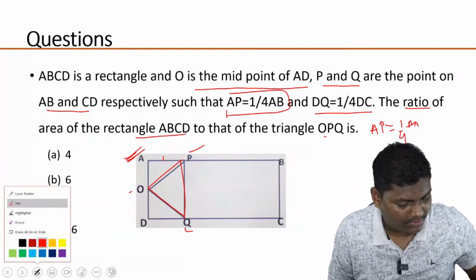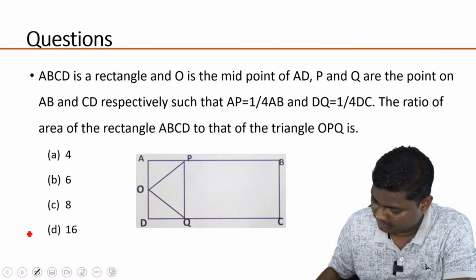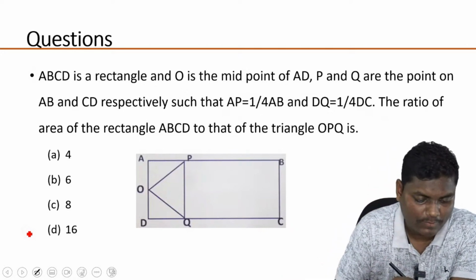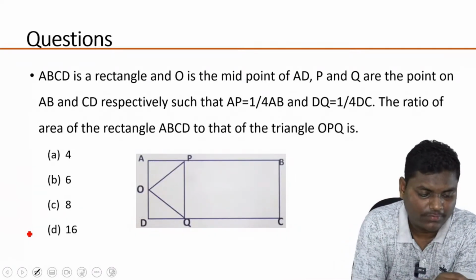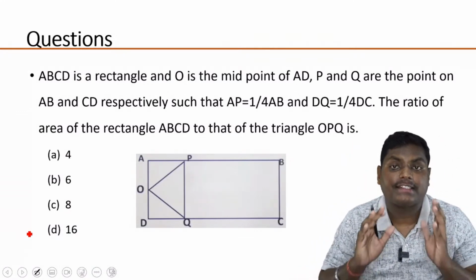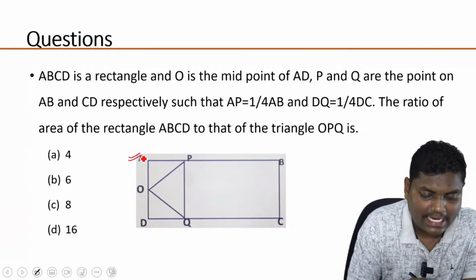Okay, I'll just clean this up. Let's try and solve and understand this question properly. So ABCD is the rectangle, it is given to us.